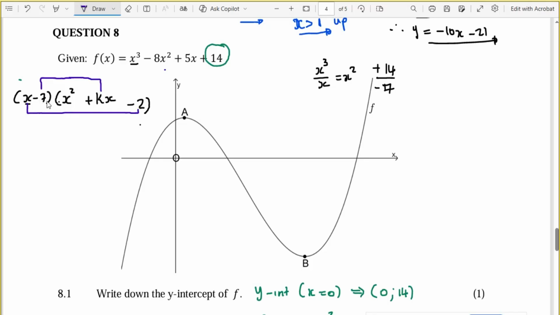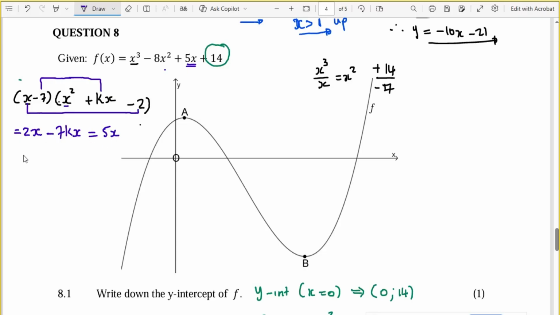If I say minus 7 times x squared, that doesn't give me the coefficient of x. So I'm going to say this is x times minus 2, which is minus 2x, then minus 7 times kx, which is minus 7kx. Then you equate this to the term that has the coefficient of x in the equation, which is 5x.